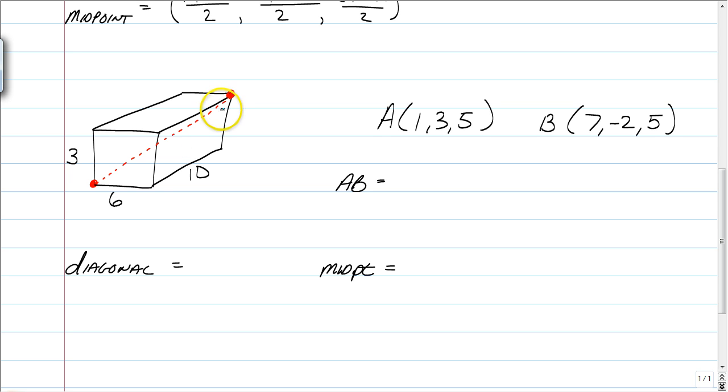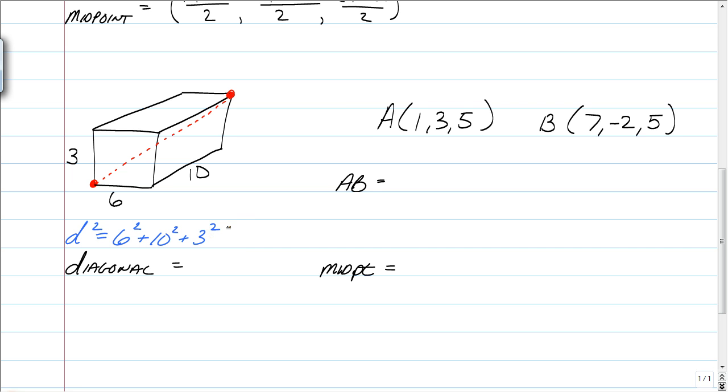You have to imagine that this is a bottom left corner and this is a top right corner of like a Kleenex box sitting in front of you. So not only are you going to be going left and right, up and down, you're also going to be going front to back. So the distance formula is the diagonal squared is equal to the length squared plus the width squared plus the height squared.